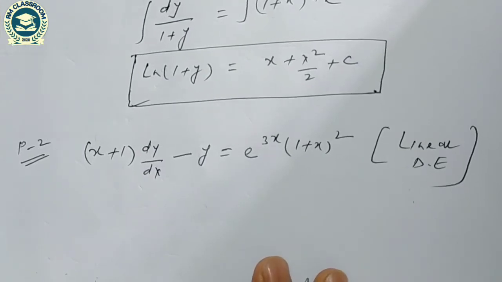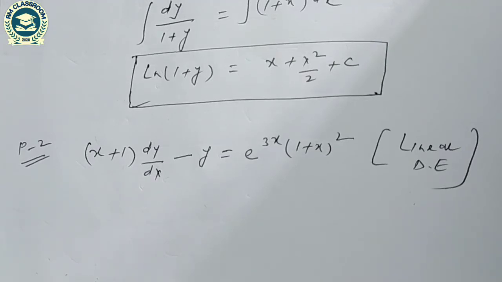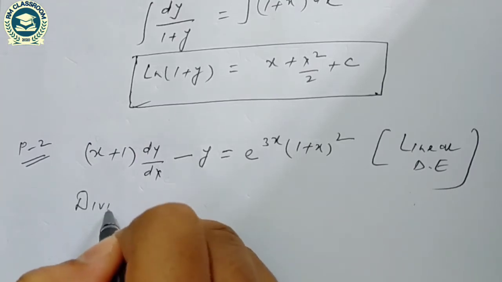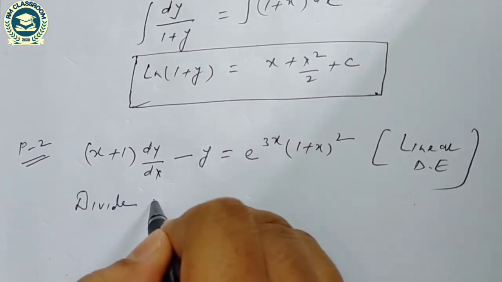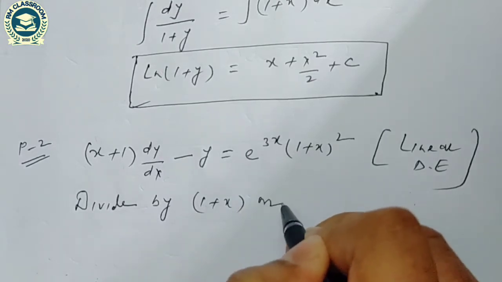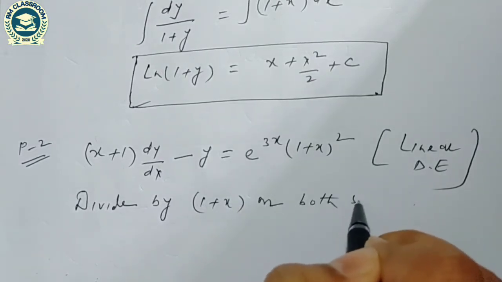In a linear differential equation, you have to make the differential equation in the form of either dy by dx plus P(x) into y is equal to Q(x), or dx by dy plus P(y) into x is equal to Q(y). So divide by 1 plus x on both sides.